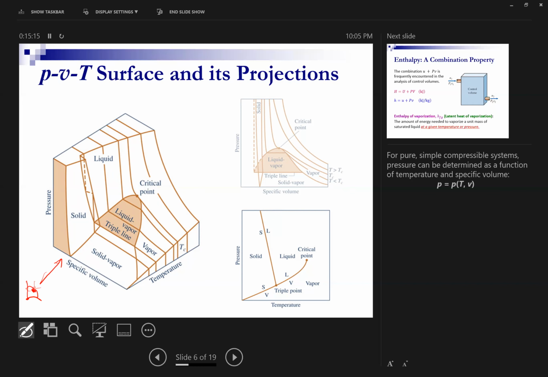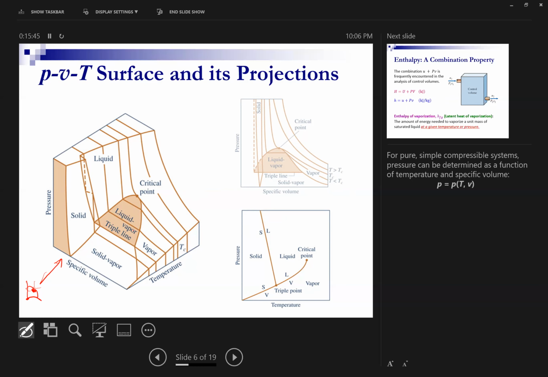Here we go. This is my front view. If I look at the front view, I will see only the pressure and the specific volume, right? And from the region's point of view, what I'm gonna see is these shadowed regions, okay? So I will have the PV diagram where this shadowed curve is my two-phase region.